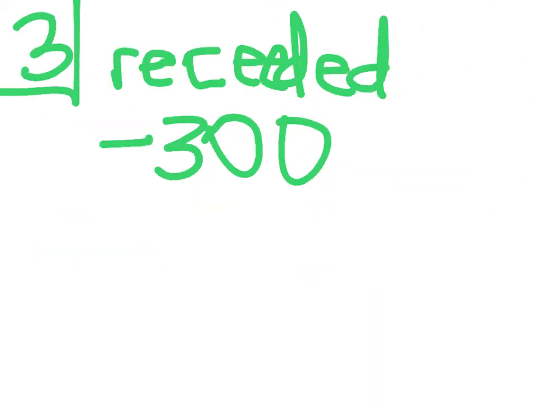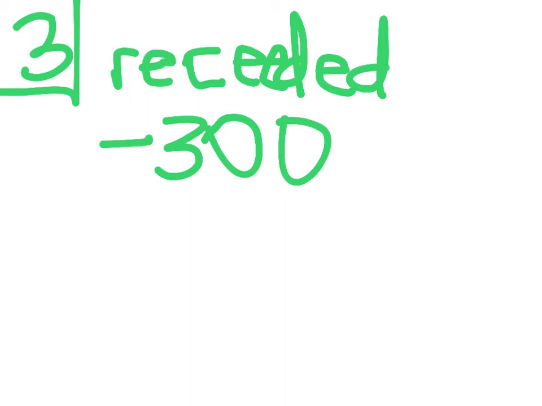In example 3, it says a glacier receded at a rate of 300 feet per day. What was the glacier's movement in 5 days? The word receded, that's not a math term, but it just means that the glacier is decreasing in size. Basically it's losing 300 feet of itself per day.